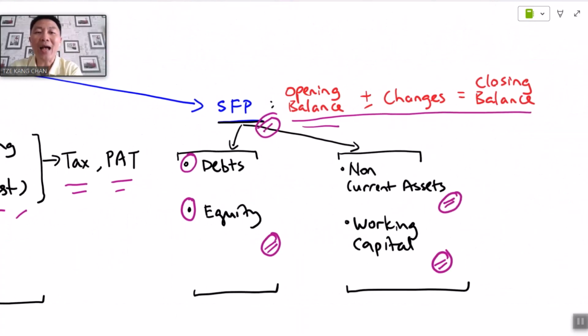Then you just have to adjust according to the changes relevant to the specific item to derive the closing balance, which represents the amount to be shown in the forecasted statement of financial position.